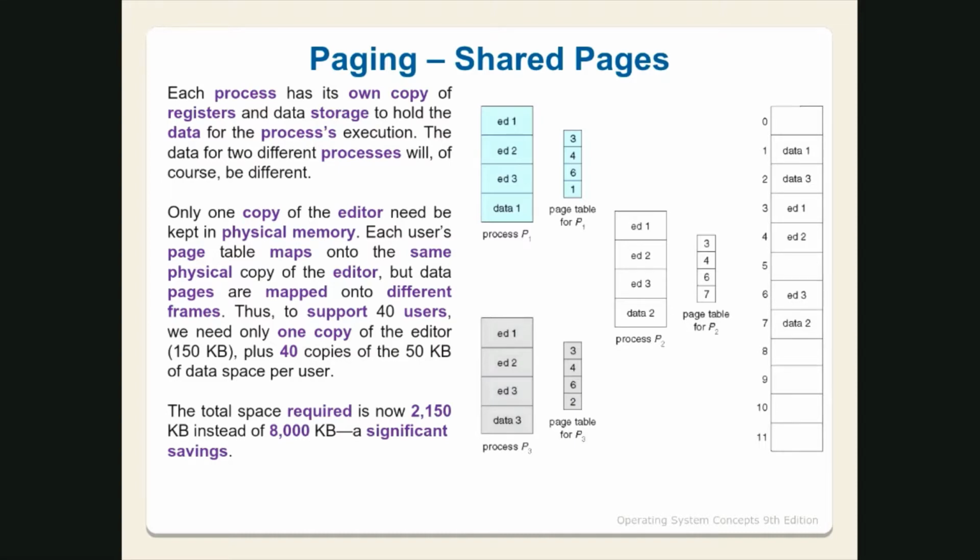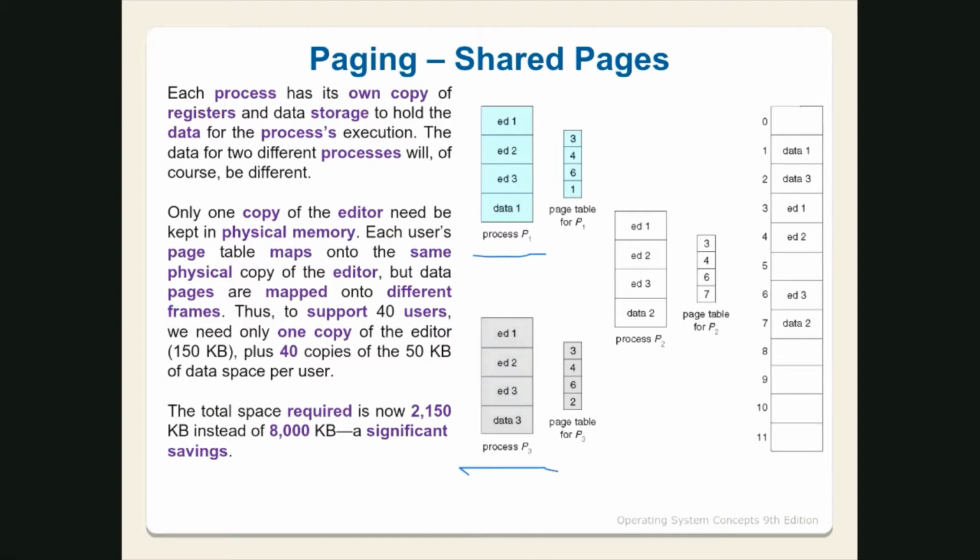Here maybe process P1, P3. So let's see, there are one or two processes. Two processes, for example, process P1 here, process P3 here.